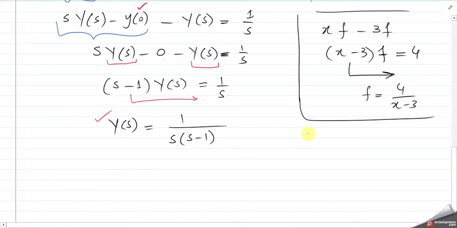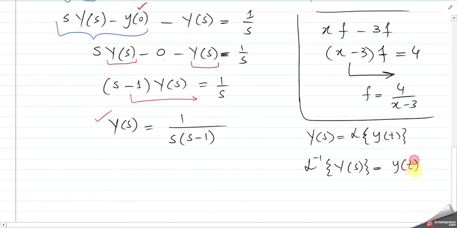We know Y of s is Laplace of y of t. How do we get y of t from here? We take inverse on both sides, inverse on this side and inverse on this side. This will become y of t.